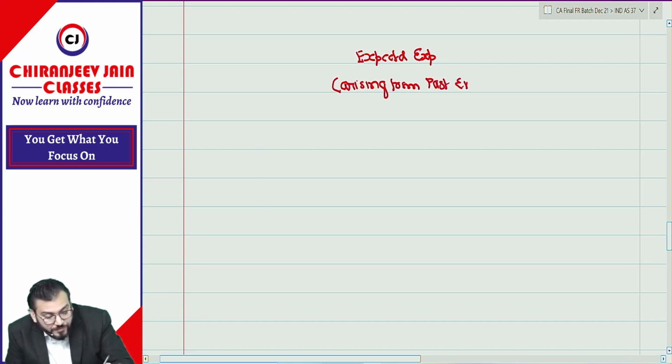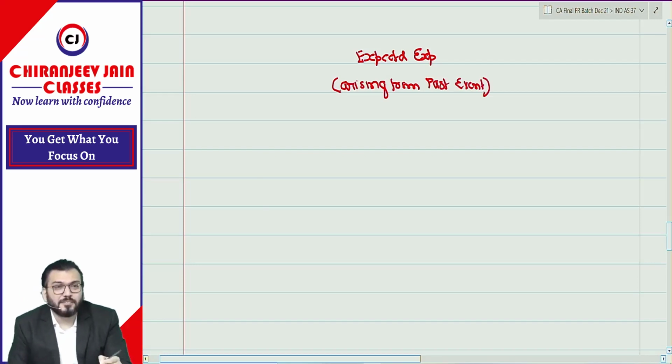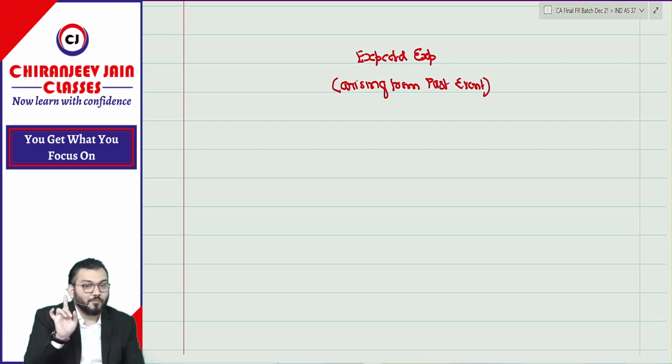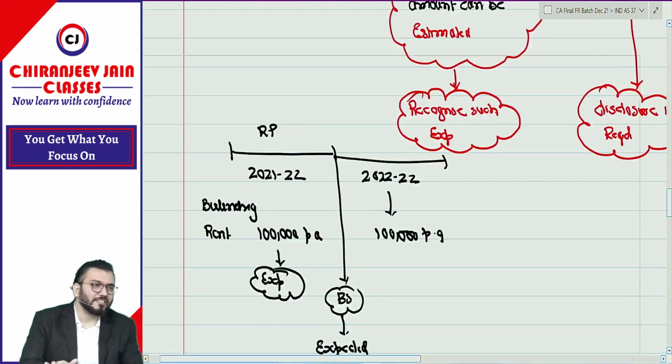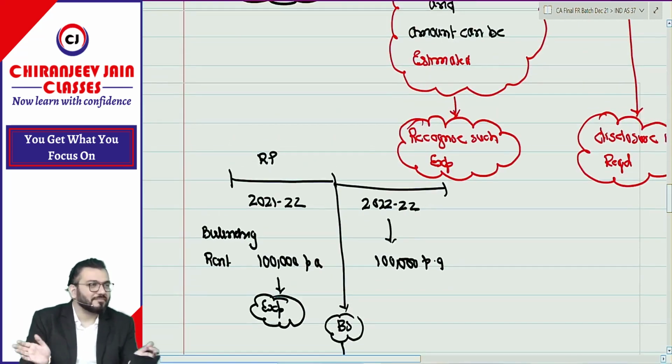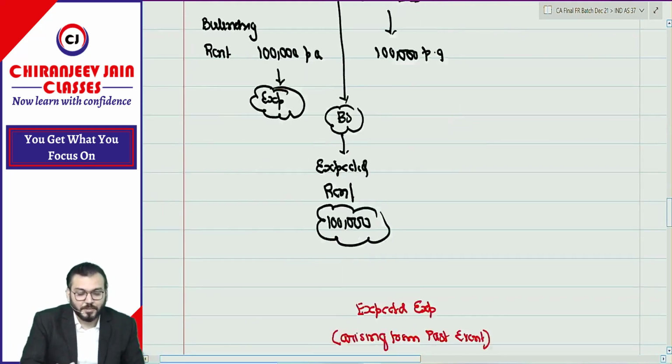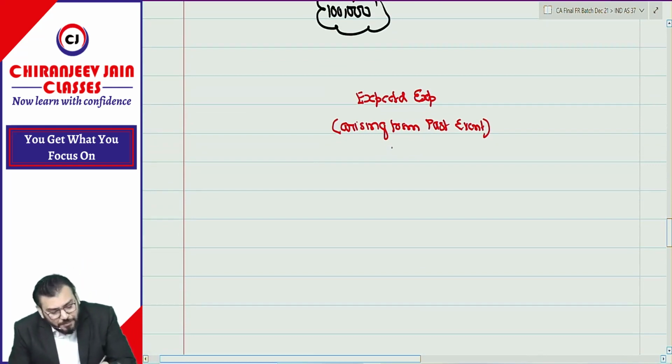Past event means the condition must be available on the balance sheet date. Whatever I am writing, you are also writing in your notebook. Write down in your notebook. Because if you write only in a book, then you don't know how many notes I am going to give.